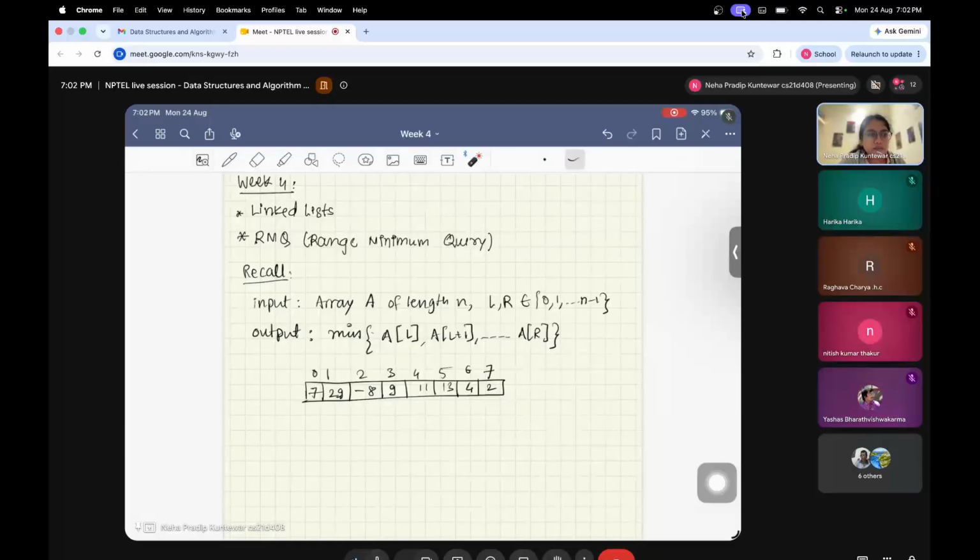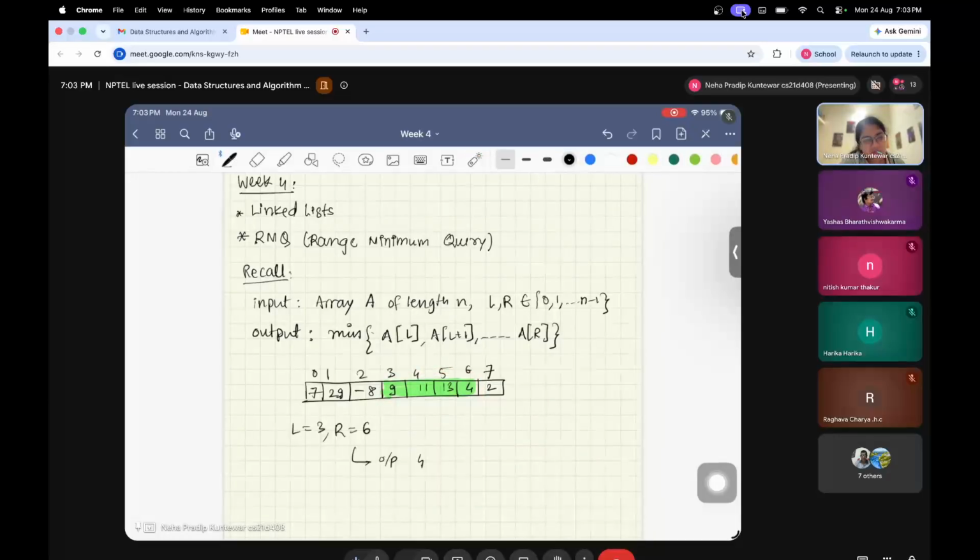The overall minimum element in this entire array is this, but the input consists of two positions, L comma R. So let us say L is 3 and R is 6. Then what should be the output? You are essentially looking at this part of the array, only this part, and forget about the rest of the array. Look at the minimum within this part, and that happens to be 4. So you'll output 4.